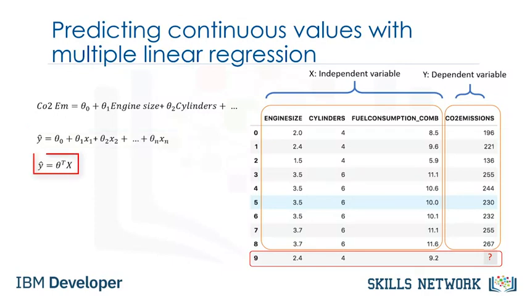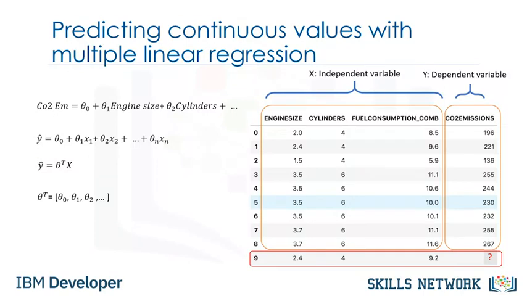Mathematically, we can show it as a vector form as well. This means it can be shown as a dot product of two vectors, the parameters vector and the feature set vector. Generally, we can show the equation for a multidimensional space as theta transposed x, where theta is an n by 1 vector of unknown parameters in a multidimensional space, and x is the vector of the feature sets, as theta is a vector of coefficients and is supposed to be multiplied by x.